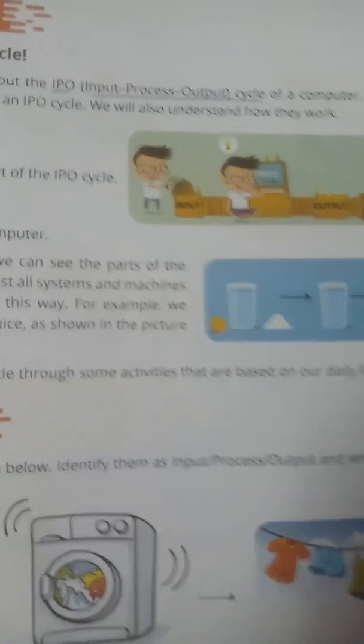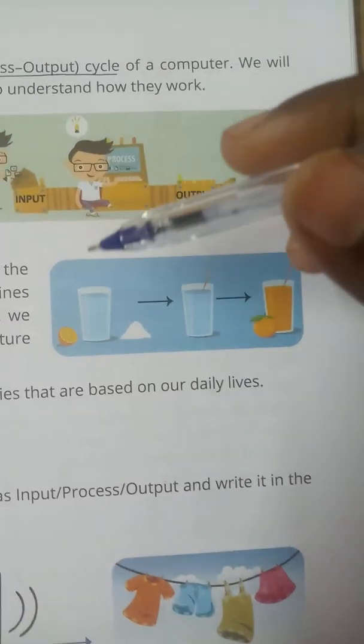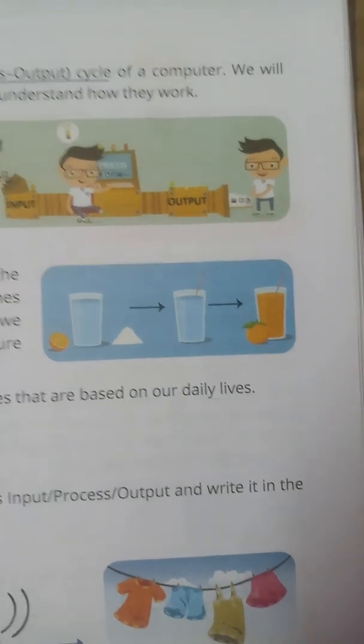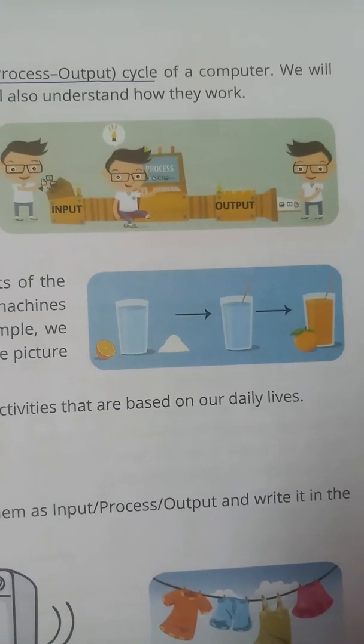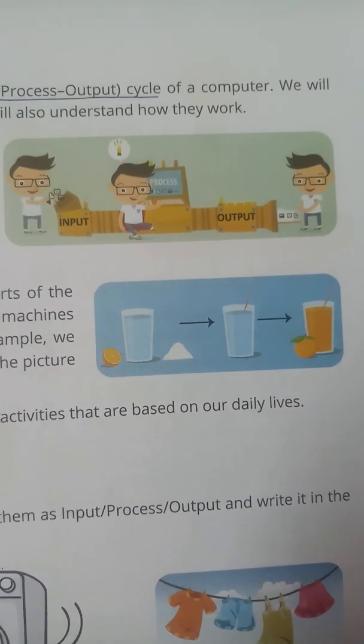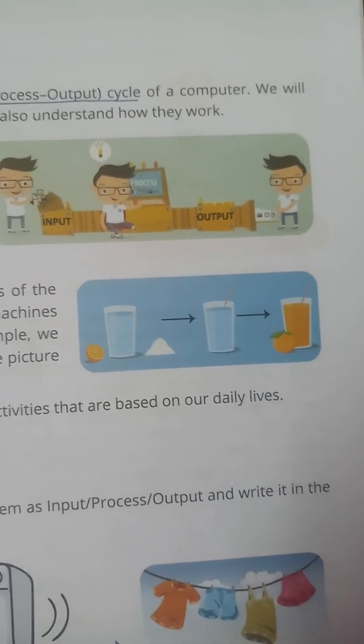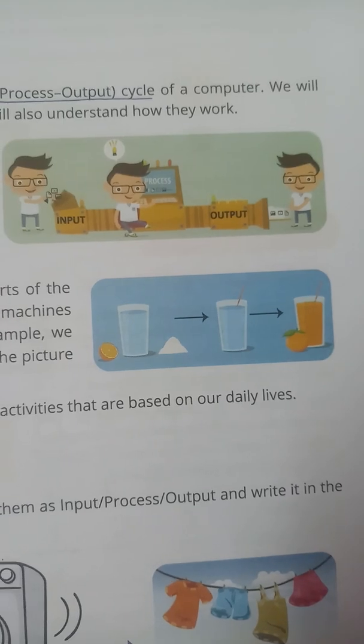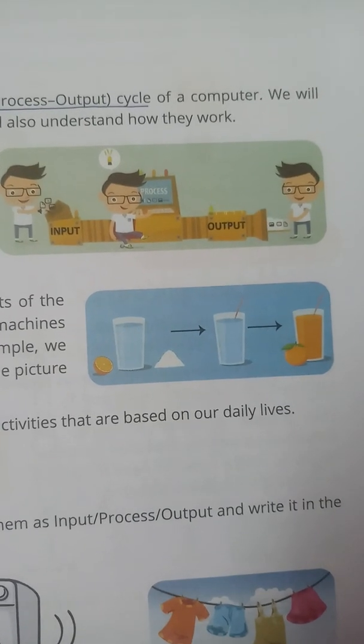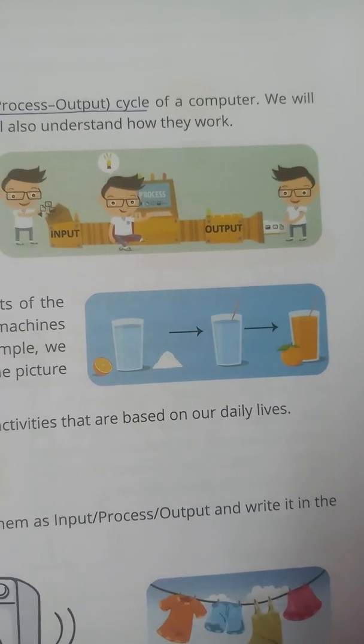Okay. When we come to this picture, what do you understand from this picture? First, for example, we want to make a juice. What will we do? First, we need water and lemon juice.